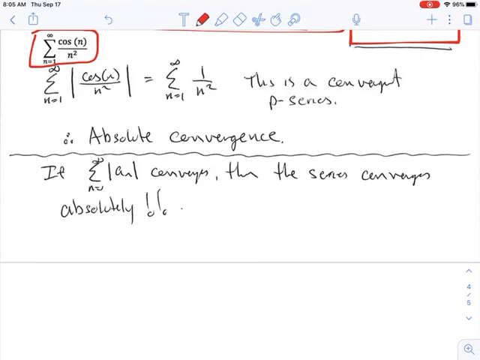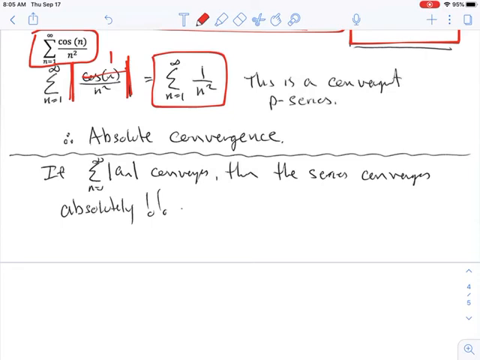So when we do conditional convergence, we do the absolute value of this series. Essentially what we're doing is getting rid of the alternating part. And so what we're looking at is whether the series 1 over n squared converges or diverges.